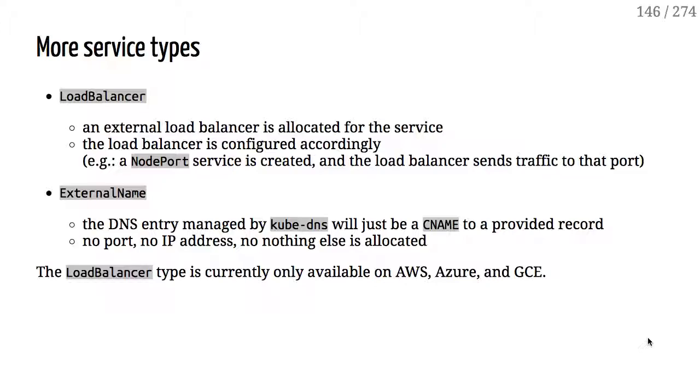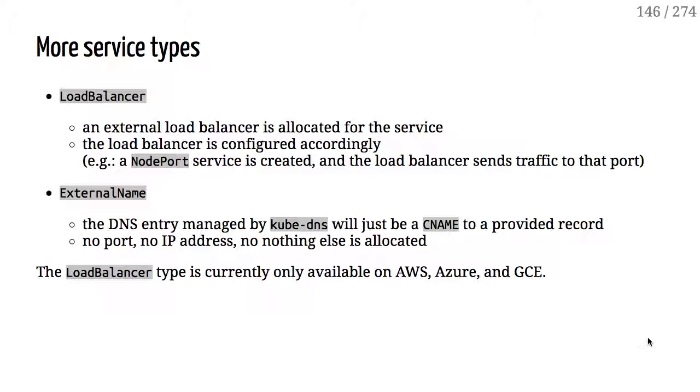You have a couple of other service types, like load balancer and external name. Load balancer is confusing at first when you come from a hardcore on-prem physical machines background, because when you create a service of type load balancer, it will in fact allocate a load balancer on your cloud provider infrastructure.